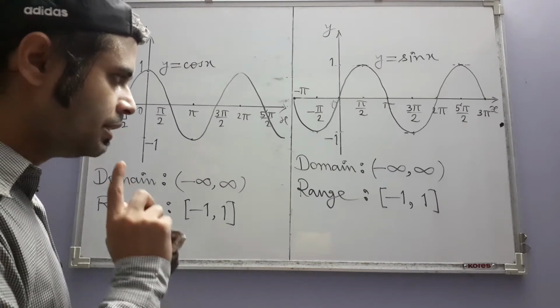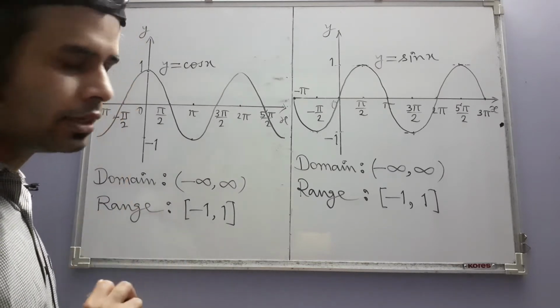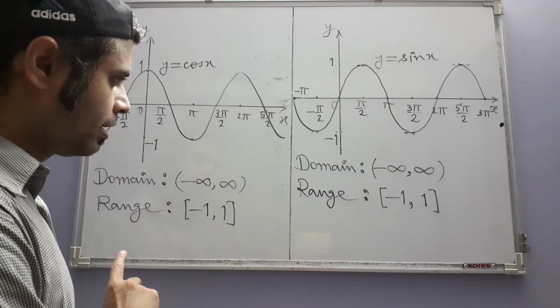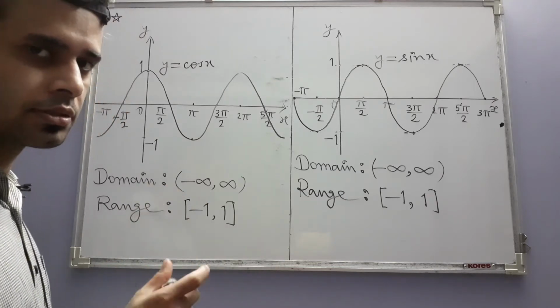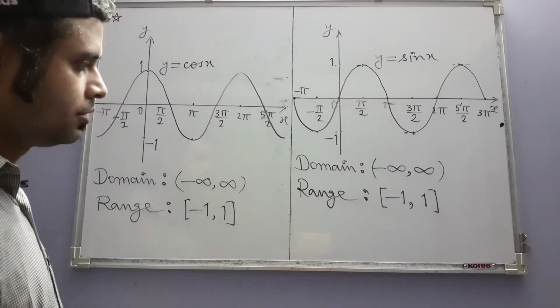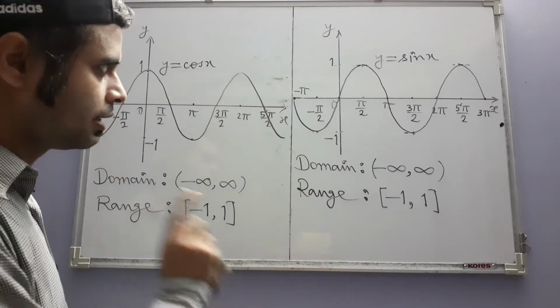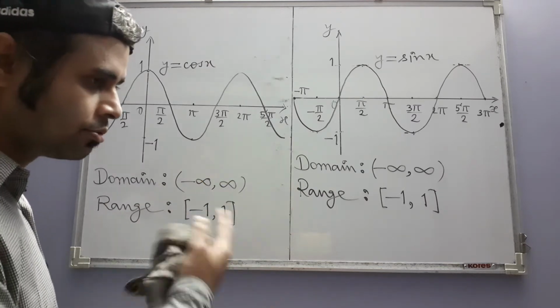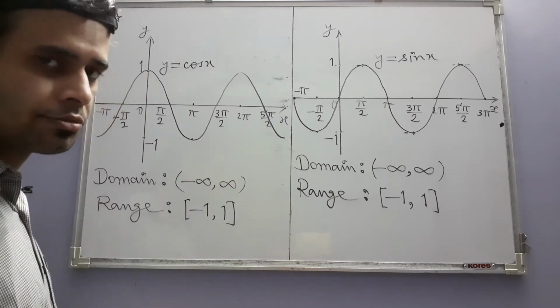But without doing either of these, you can in fact know a lot of information about the general shape of the graph just from the definitions of sine and cosine, which however we are not going to do here, but we are going to do that for the tangent function.